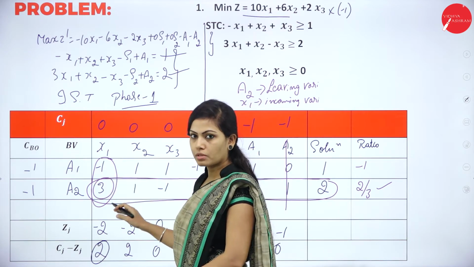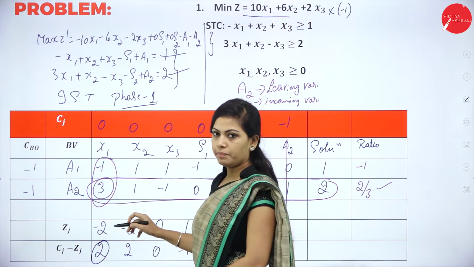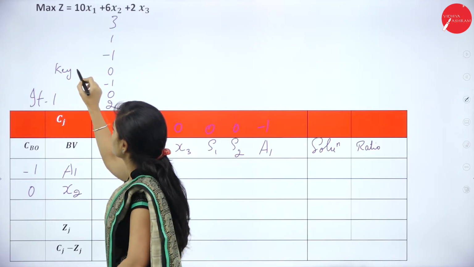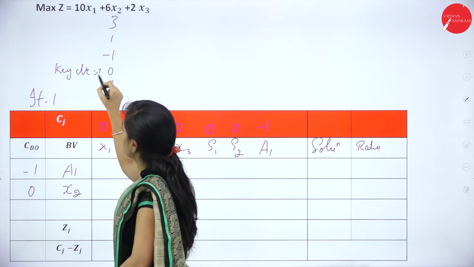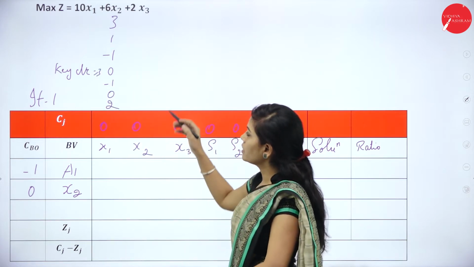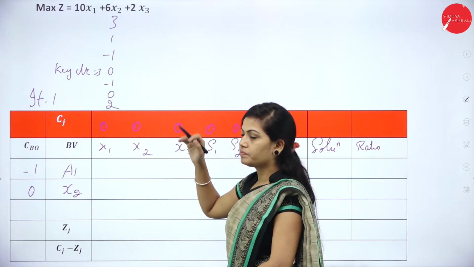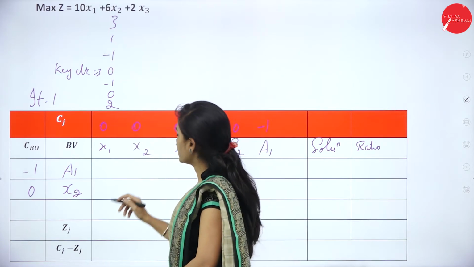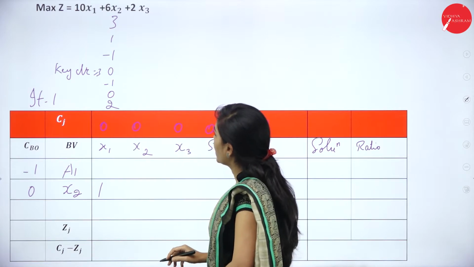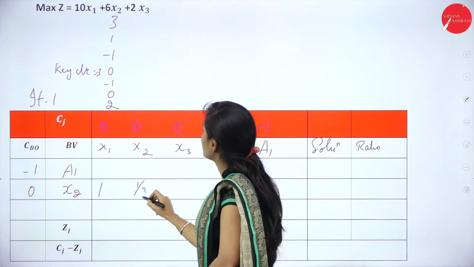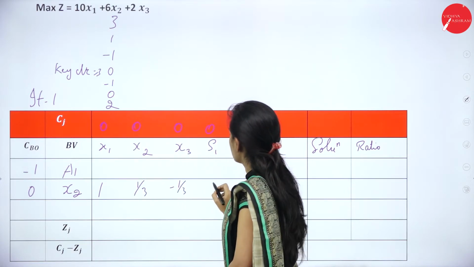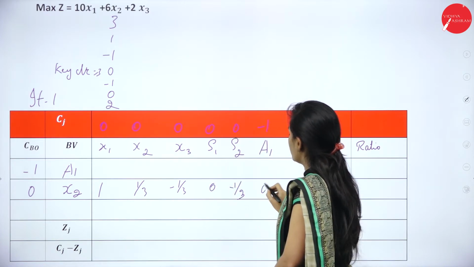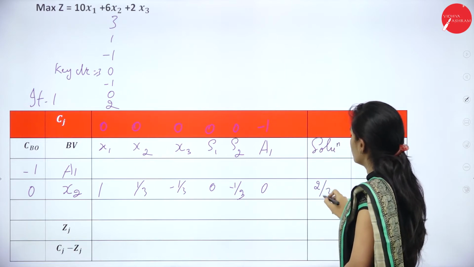Common for both key row and key column is 3. So 3 is my key element. So now you can find the key row values: key row means old value by key element. So 3 by 3 is 1, and 1 by 3, and minus 1 by 3, 0 by 3 is 0, minus 1 by 3, 0 and 2 by 3.